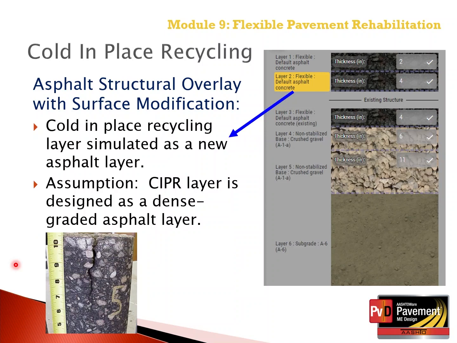Now for the cold in place recycling strategy. The cold in place recycling layer is typically, or can be, simulated as a new asphalt layer. So when the cold in place recycling layer is designed as a dense graded asphalt layer, the properties are the same as for a new dense graded asphalt layer.